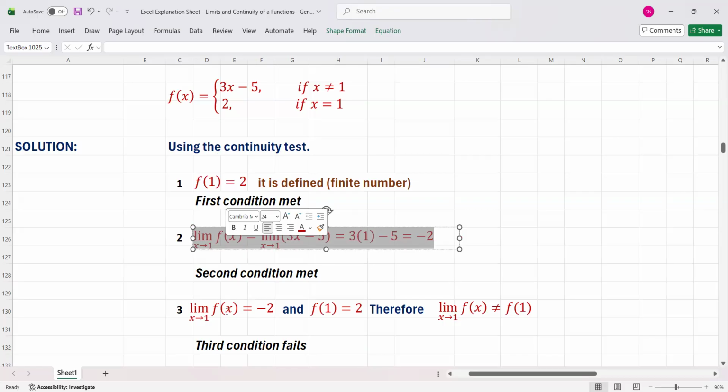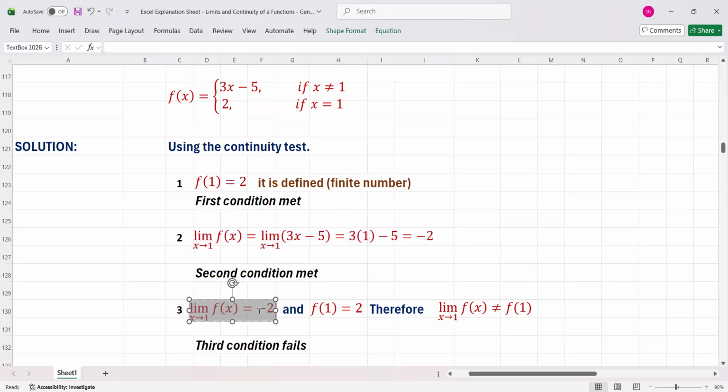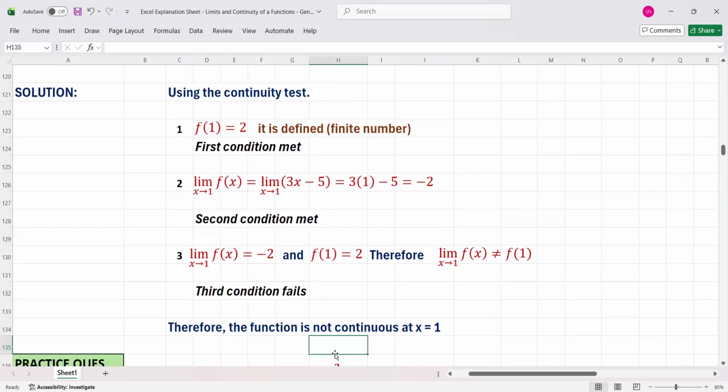Since the limit is not equal to f of 1, the third condition fails. And hence, you can say that this function is not continuous at the point x equal to 1.